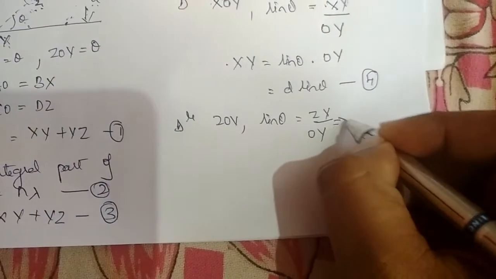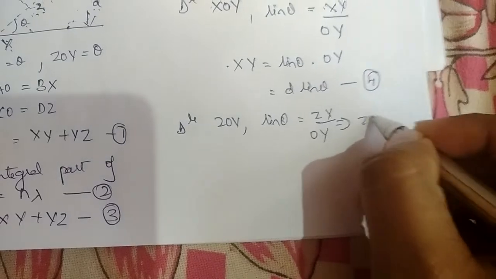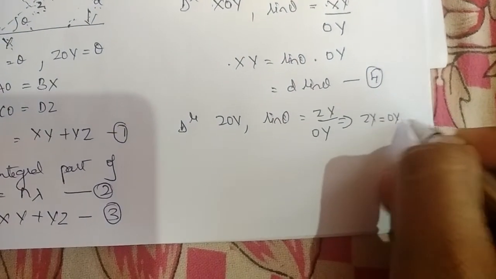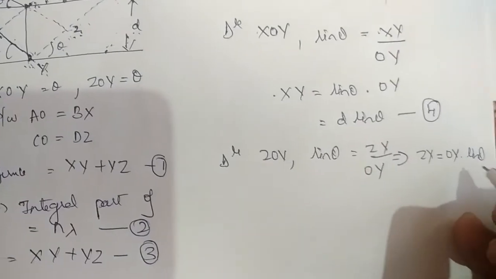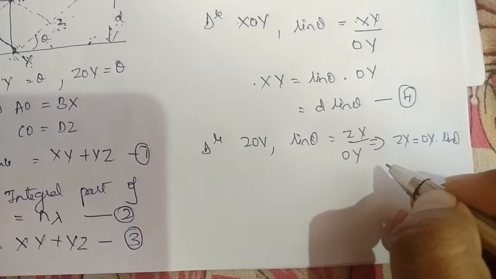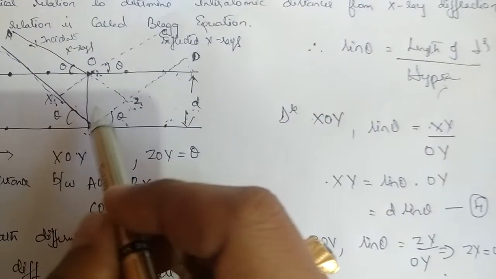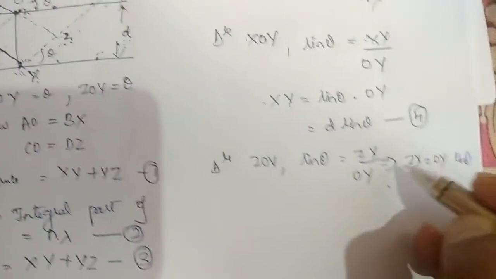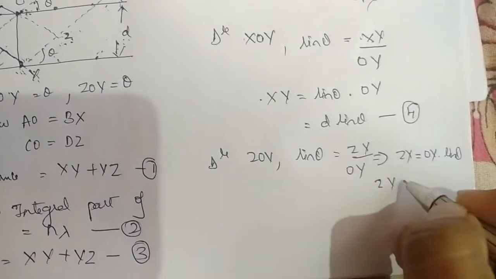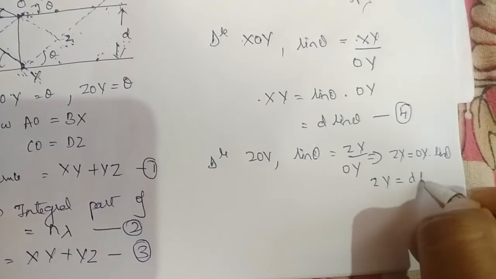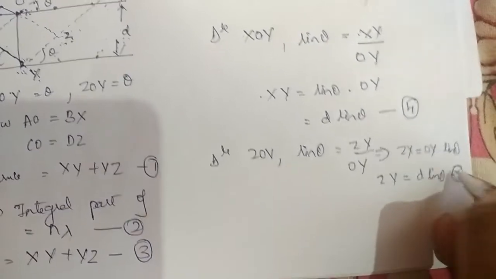If you rearrange this, ZY equals OY into sin theta. OY is nothing but d. Therefore, ZY equals d sin theta. Take it as equation 5.